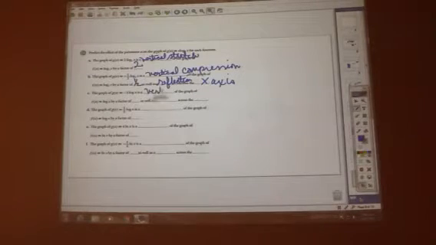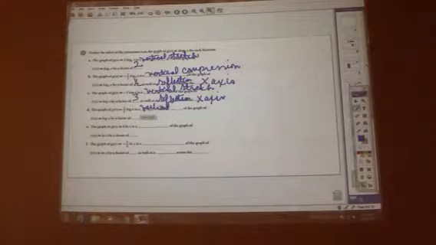-3, vertical stretch, because it's a number 3, the negative has nothing to do with the stretch or compression. By a factor of 3, as well as a reflection across the x-axis. Letter D, vertical compression by a factor of 1/3.